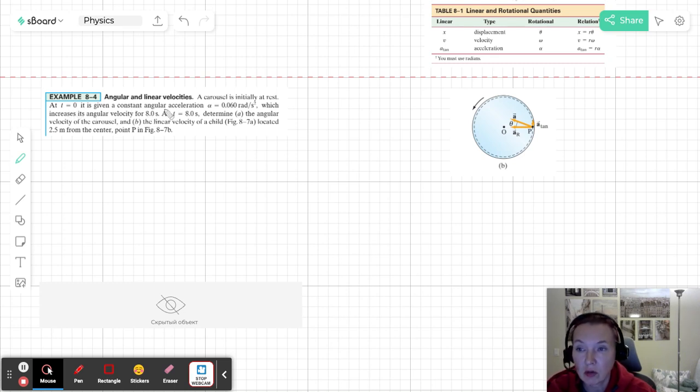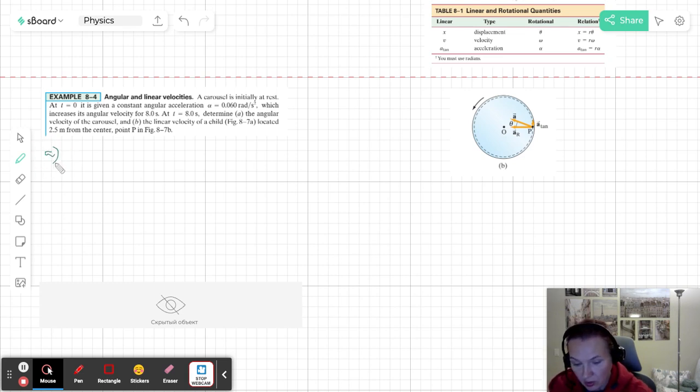It is given a constant angular acceleration, which increases the angular velocity for 8 seconds. At 8 seconds, we are going to figure out the angular velocity of the carousel and the linear velocity of a child located 2.5 meters from the center. That's point P. I did not include the picture of a merry-go-round, but this is our point P over here.